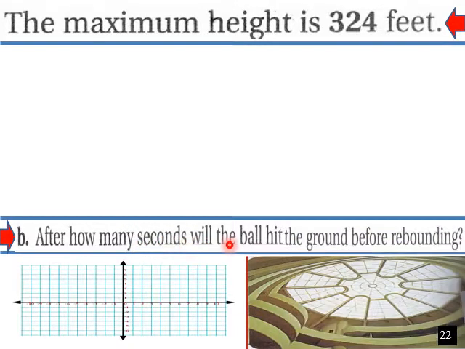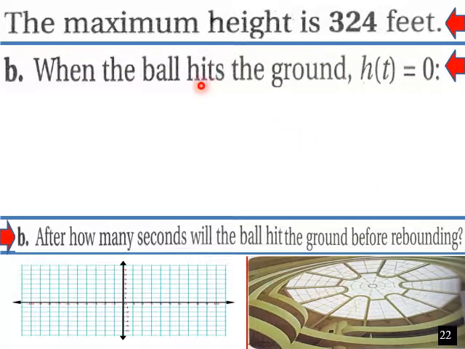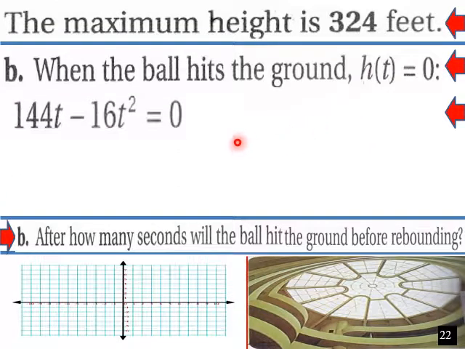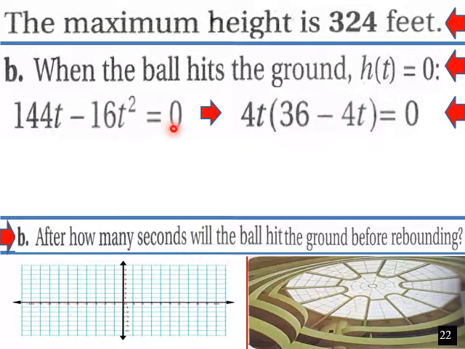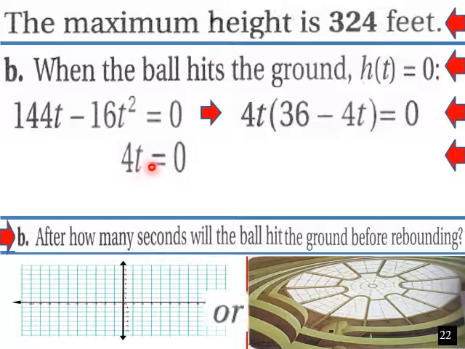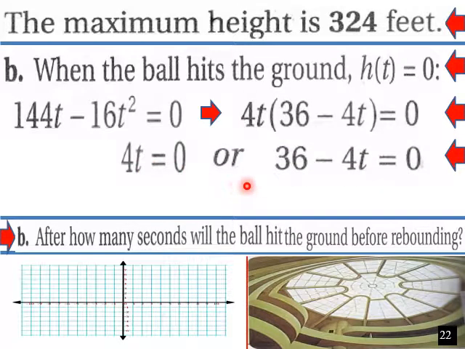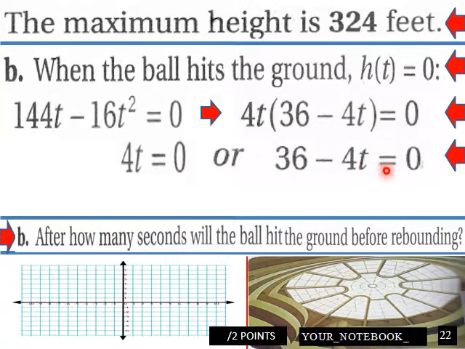After how many seconds will the ball hit the ground before rebounding? So now when the ball hits the ground, h of t would equal 0. So 144t minus 16t squared equals 0. So now we factor out a 4t. 4t equals 0, or 36 minus 4t equals 0.